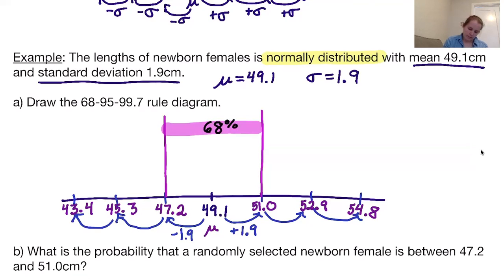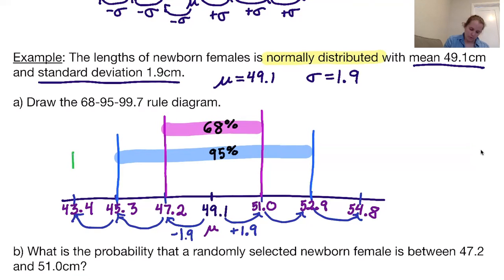From 45.3 to 52.9 is 95% of the data. And then from 43.4 to 54.8 is 99.7% of the data.